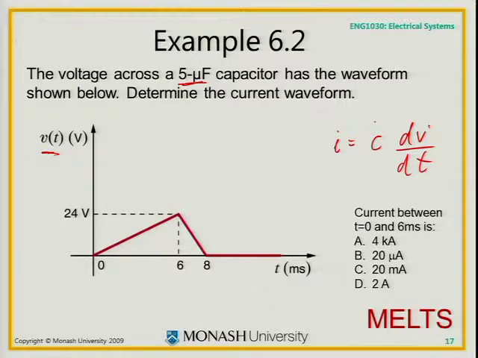So the MELTS question is between 0 and 6, just that first bit. It's a straight line, so the derivative's nice and easy to work out. What is the current that's flowing? I think it should be posed on MELTS. So have a think about it. Just have to get your units right.